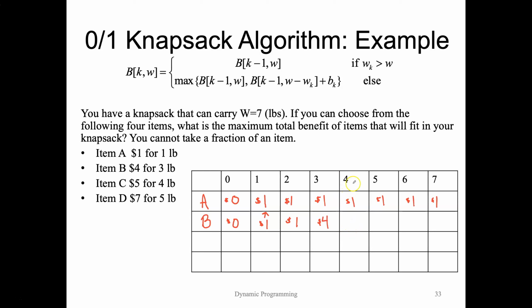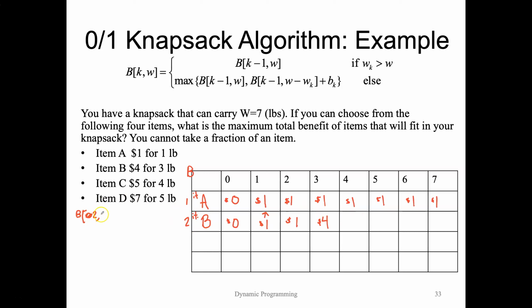If we have 4 pounds that our backpack can hold, not taking item B means we only get $1. If we do take item B, then we get, let me put this over here actually, let's say, this is our table B, and this is our item B. If we don't take item B, so here's 1, 2, first item, second item.